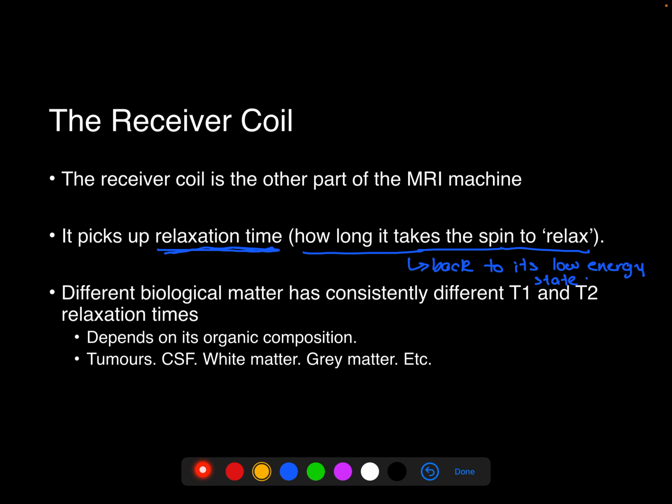Understand that different biological matter has consistently different T1 and T2 relaxation times.